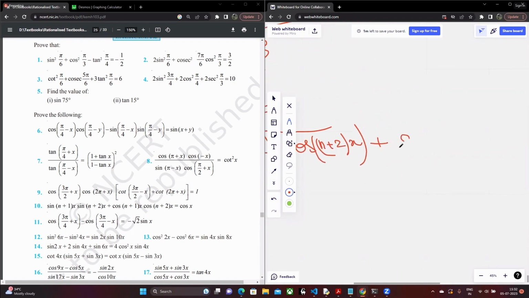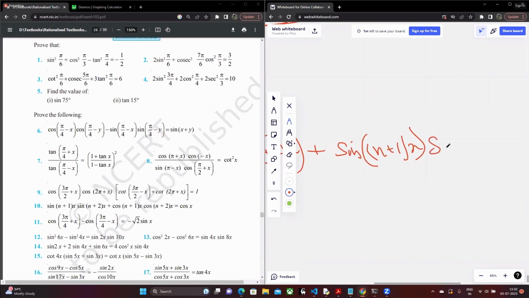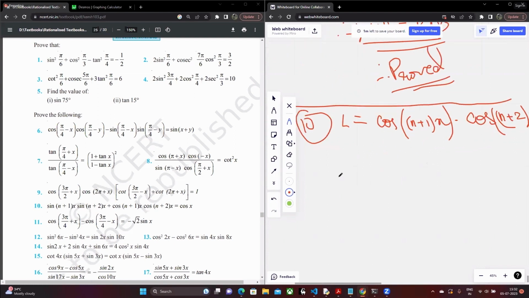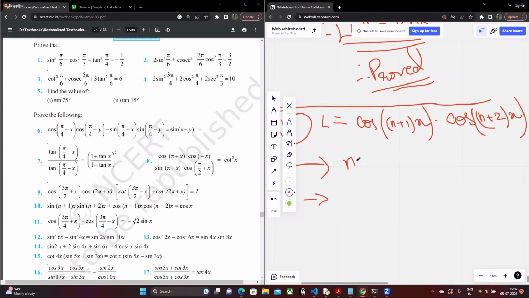Right. This plus sine of (n plus 1) times x, sine of (n plus 2) times x. Let me deal with two substitutions. Let (n plus 1) times x be equal to a, and let (n plus 2) times x be equal to b.